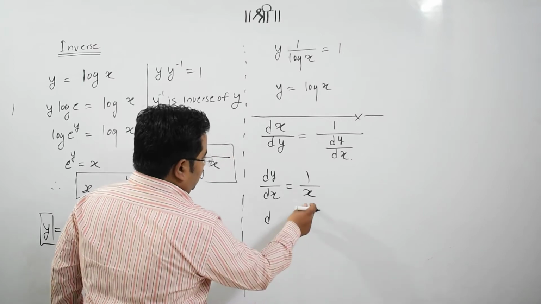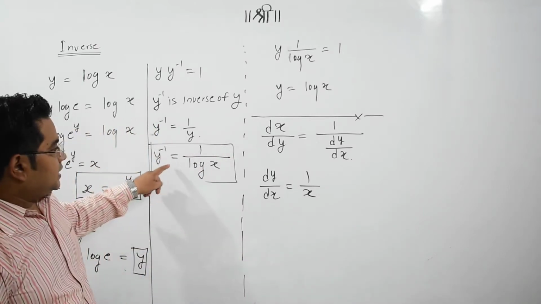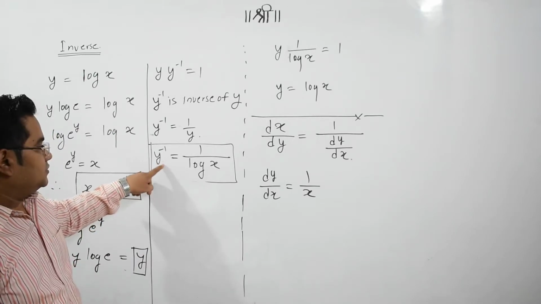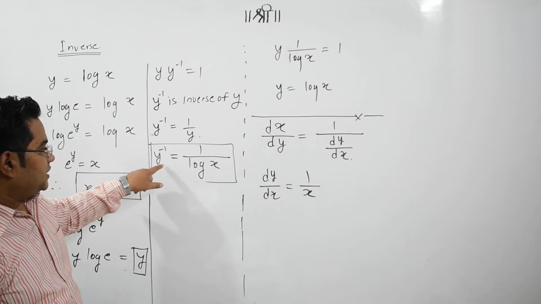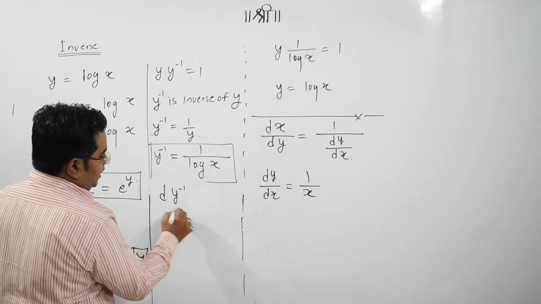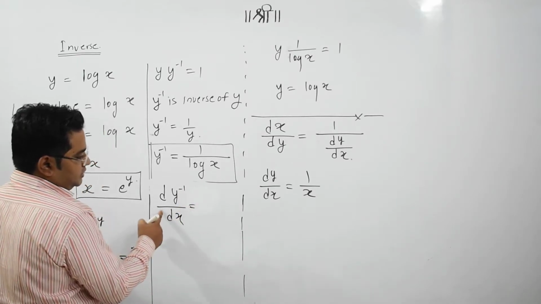dy upon dx. Now if you look at it properly, they are saying that this function should be differentiable. If I differentiate this, what am I getting? d of the inverse upon dx. So I need to find this differentiation.